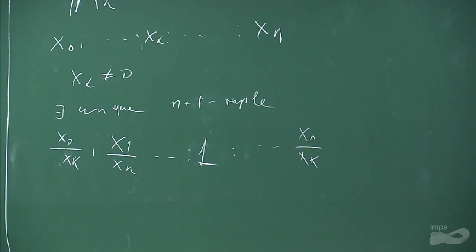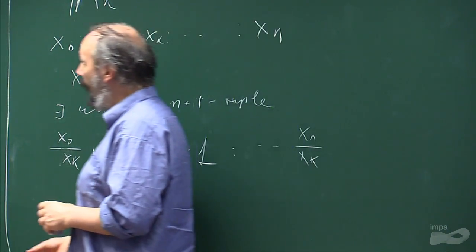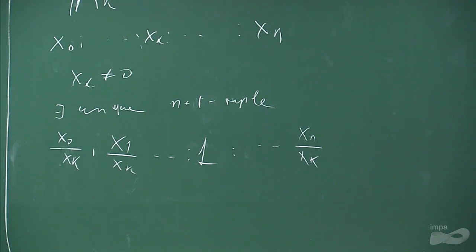And then the transition functions are written there. If you have two patches A_k and A_l, the map from A_k to A_l is just a scalar. It takes x0 divided by xk, and so on, xn divided by xk.